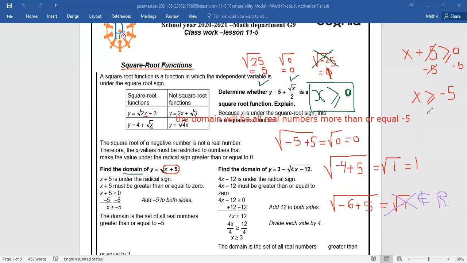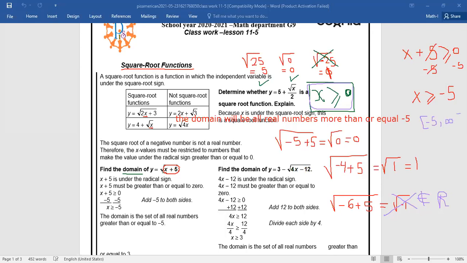For this reason, we said that we have to satisfy this inequality. It should be more than or equal to 0. And we can write the answer this way. The domain will be all real numbers more than or equal to negative 5. We can write it in a mathematical way, like closed negative 5 and all the numbers till the end. We denote it by which sign? Did you remember?